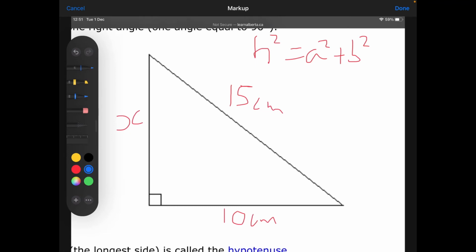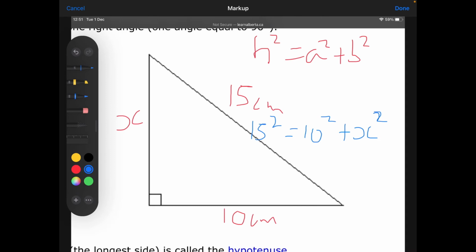So h is 15, so 15 square is going to equal 10 square plus x square, which means that 15 square, I believe, is 225, but I'm just going to get my calculator out, make sure everything is right. 15 square, that's right.